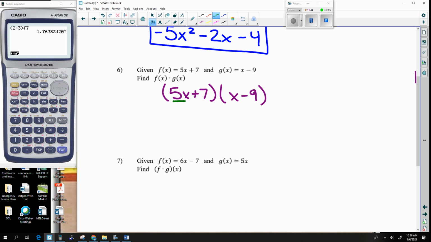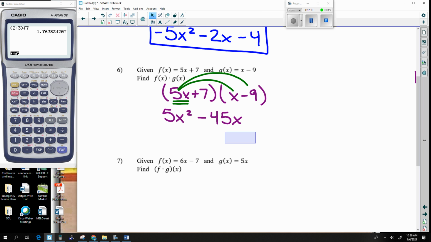What you do is you take the first element of the first, and then you multiply it with everything of that next. So the first thing that we have to do is take 5x times x. So 5x times x is 5x squared. And then we have to take 5x times -9. So that's -45x.